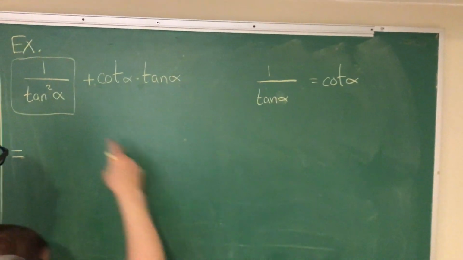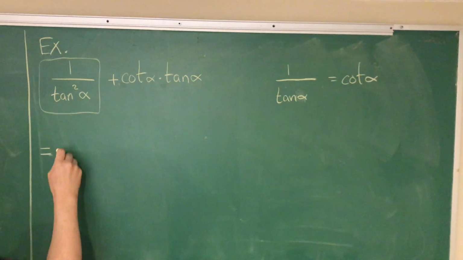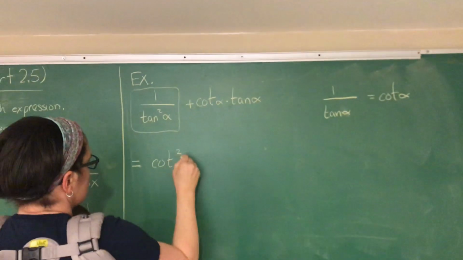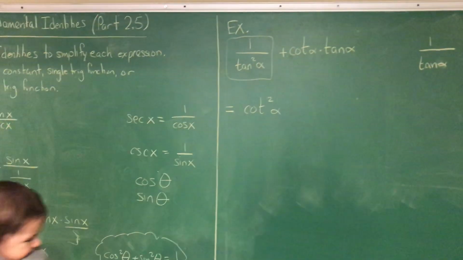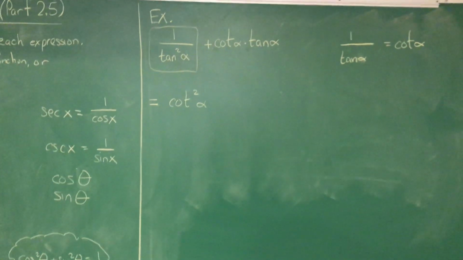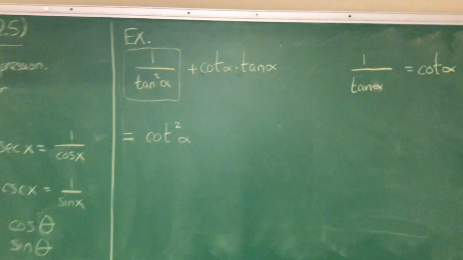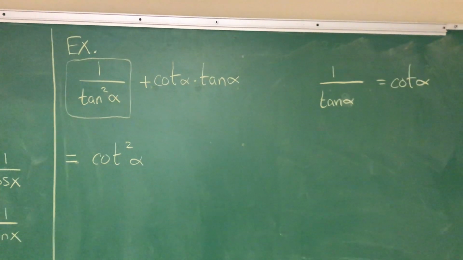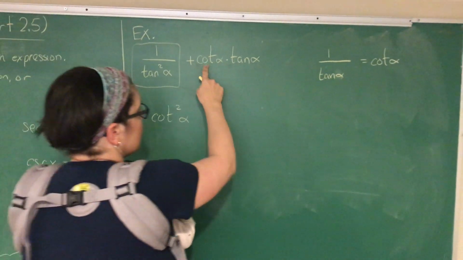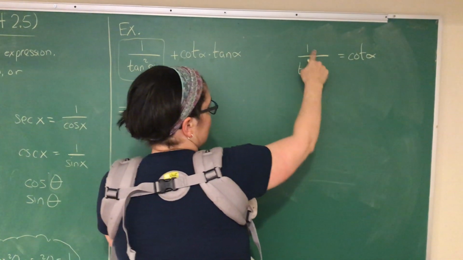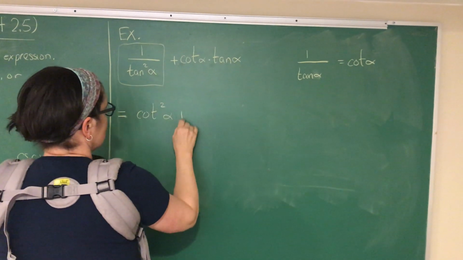So 1 over tangent squared of alpha would be the same as cotangent squared alpha.